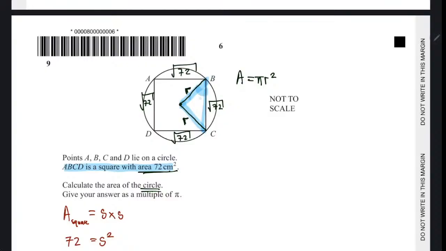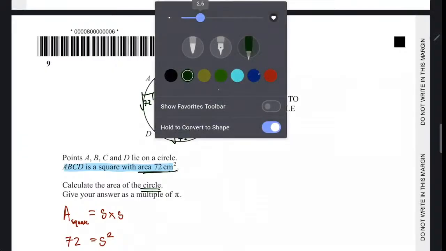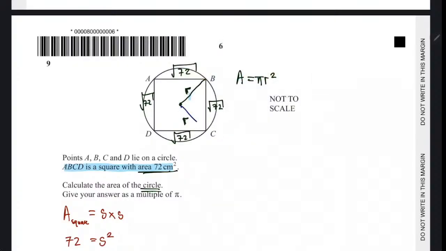Here we have an angle theta. Here we have another angle theta. So this is an isosceles triangle, and we have root 72 as one side. Now, let me say something important.